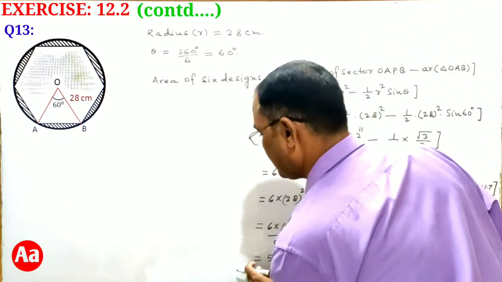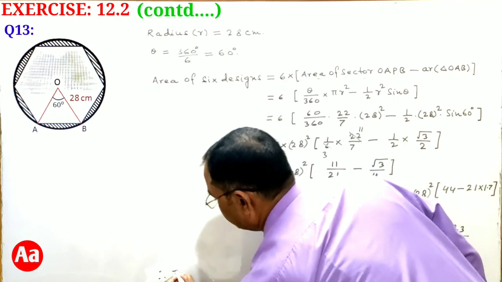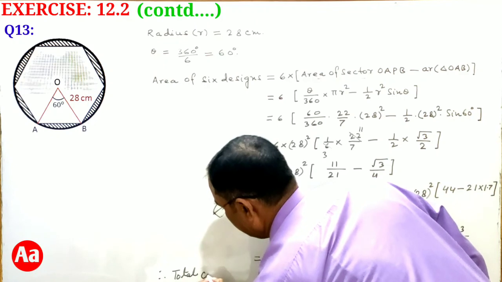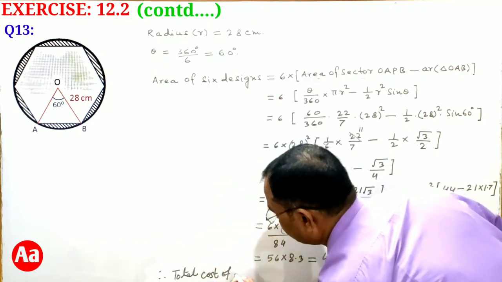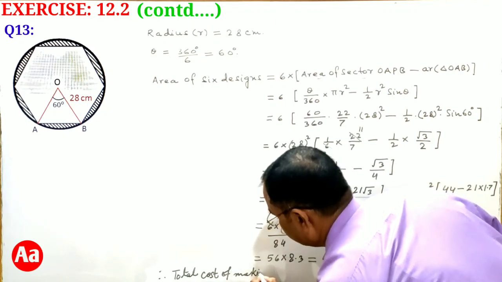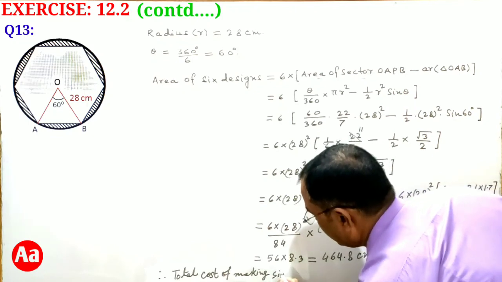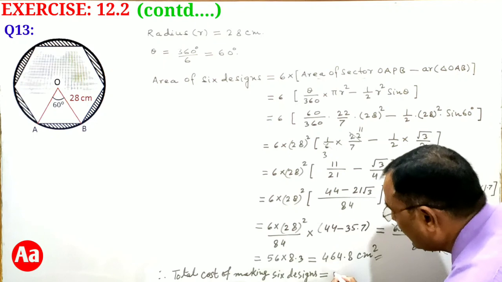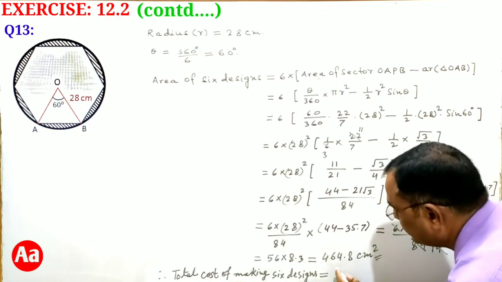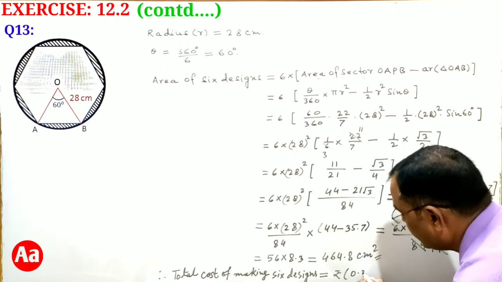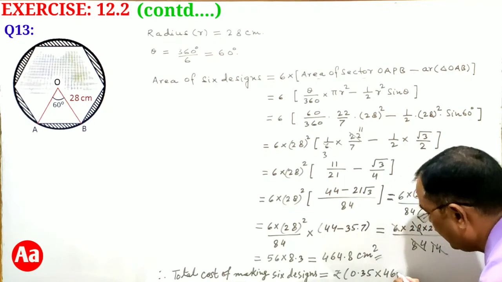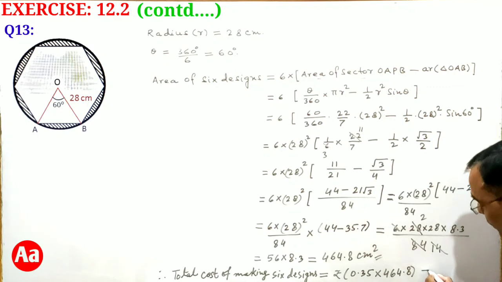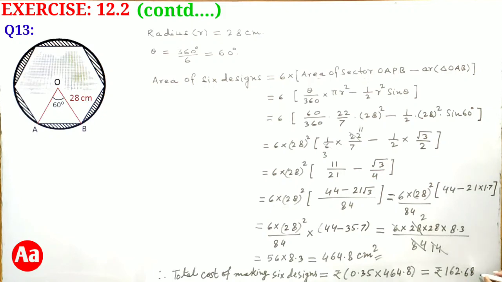So therefore total cost of making 6 designs equal to rupees 0.35 into 464.8, which is equal to rupees 162.68, and this is the answer.